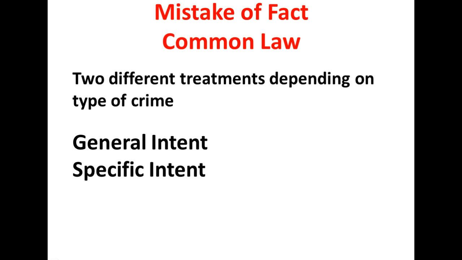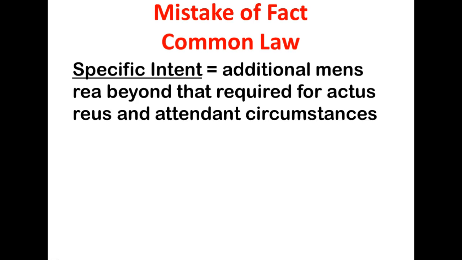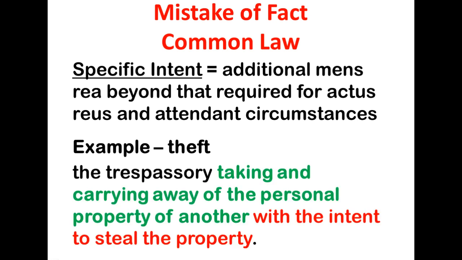Specific intent crimes, if you remember, required an additional mens rea beyond that required for the actus reus and attendant circumstances. An example would be theft. Here, the elements of theft are the trespassory taking and carrying away of the personal property of another with the intent to steal the property.